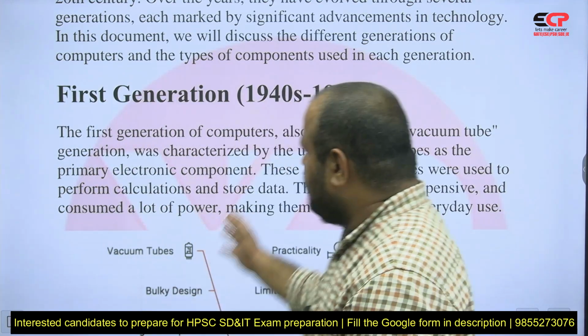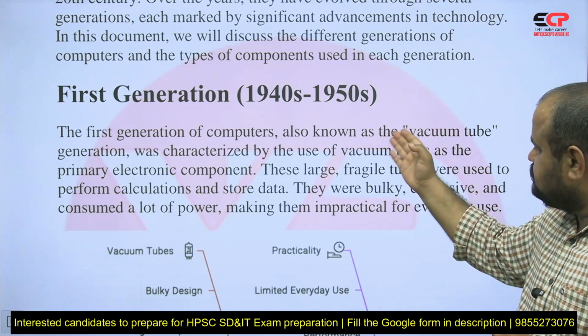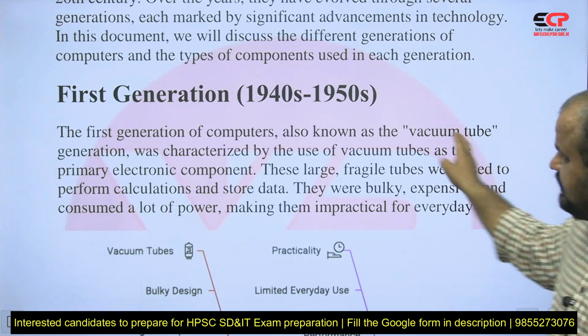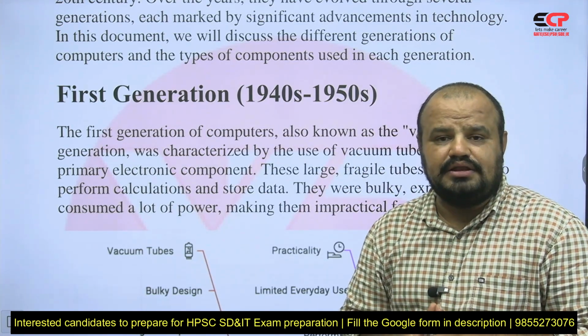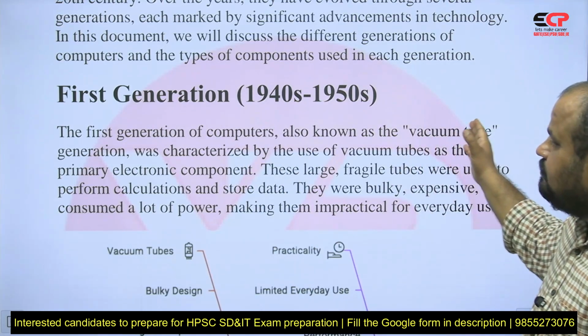In this era, this is called the first generation of computer, also known as the vacuum tube generation. It means the component we used in our first generation of computer is the vacuum tube.